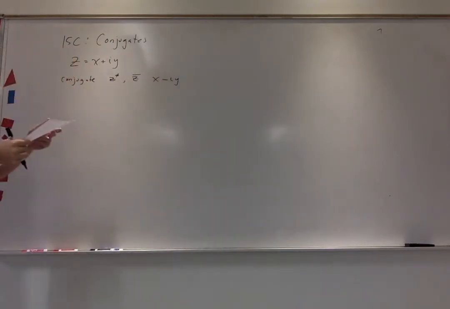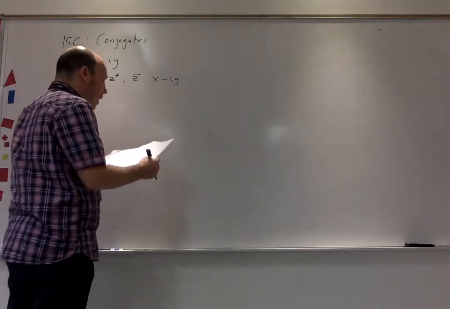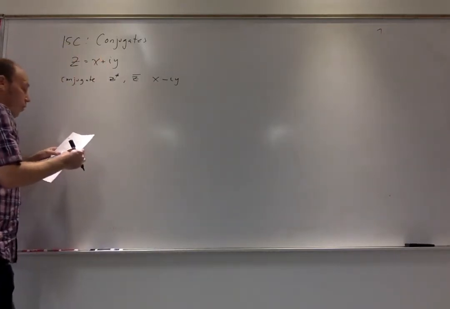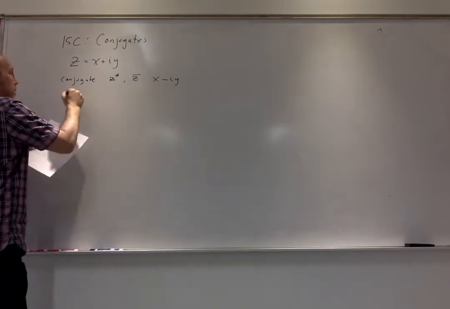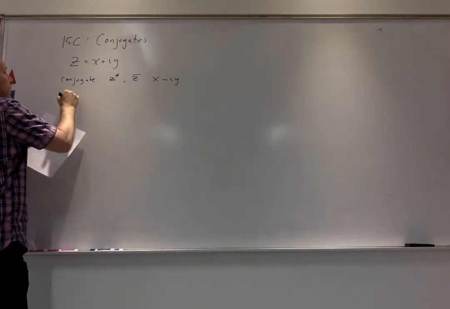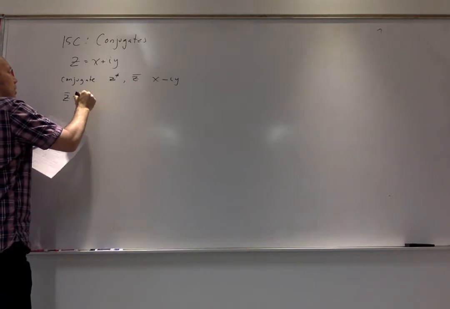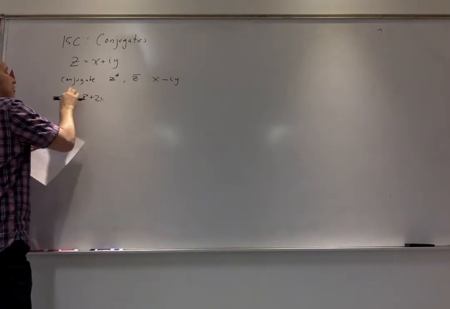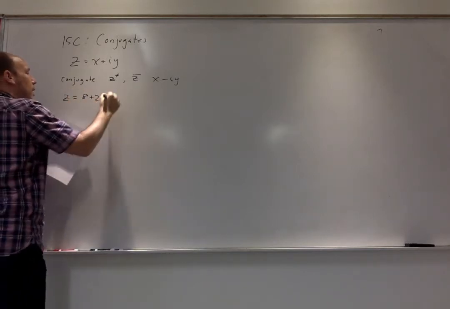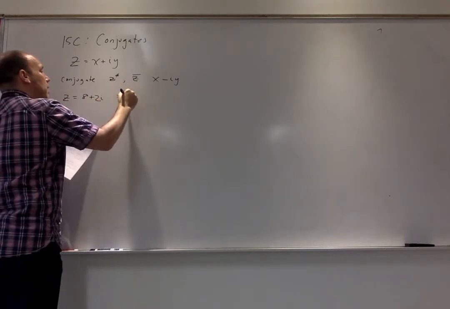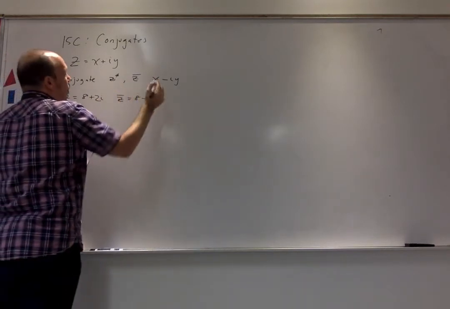Now, what's going on here? Algebraically, there are a couple of interesting properties. For example, if z equals 8 plus 2i, then the conjugate is 8 minus 2i.